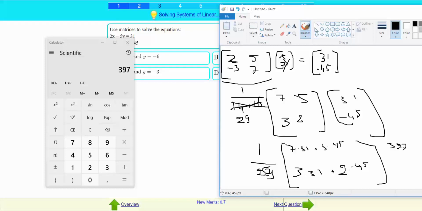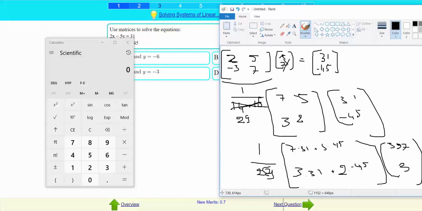As for the second one, 31 multiplied by 3 is 93, and then we've got 45 multiplied by 2 is 90. So the answer here remains to be 3. There we are. It's interesting, isn't it?